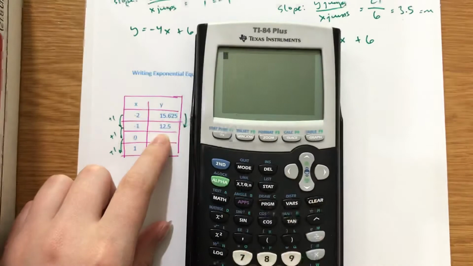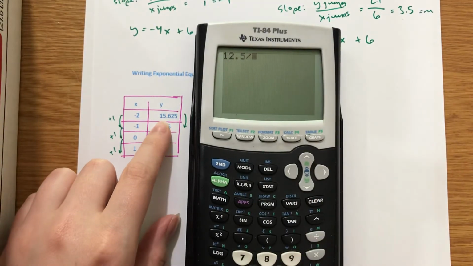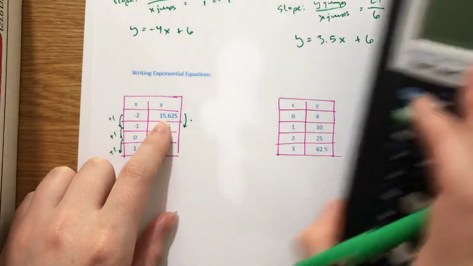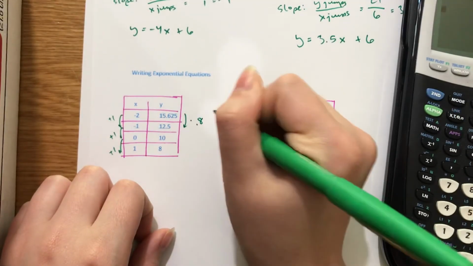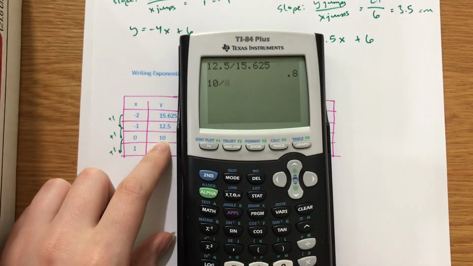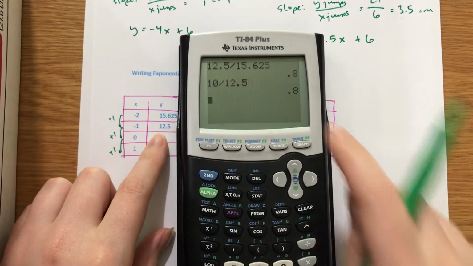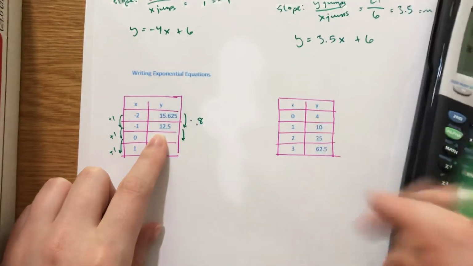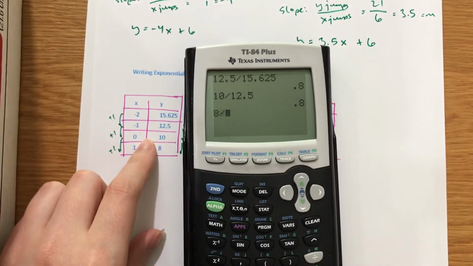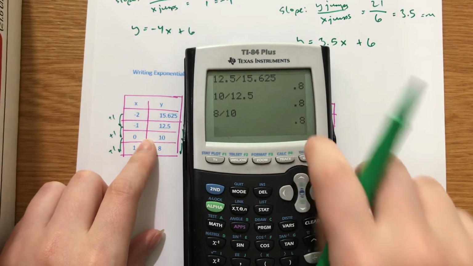So let's do 12.5 divided by 15.625. 0.8. So we're multiplying by 0.8. Let's check the next one. 10 divided by 12.5 is 0.8. And the last one, 8 divided by 10, it's obviously going to be 0.8 because it's 8/10.